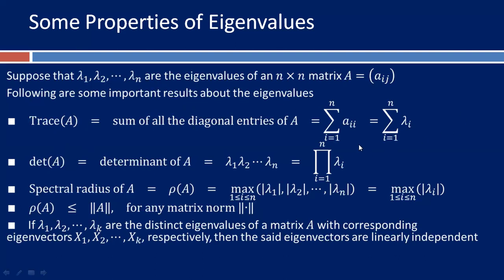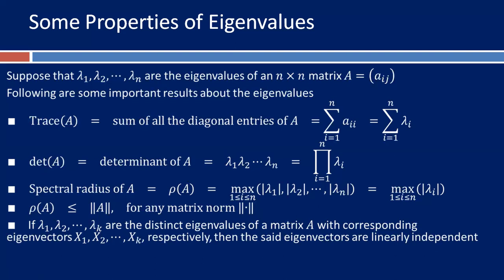Diagonal entries mean A11, A22, A33, where i is the row number and j is the column number, so all the elements whose row and column indices are equal.